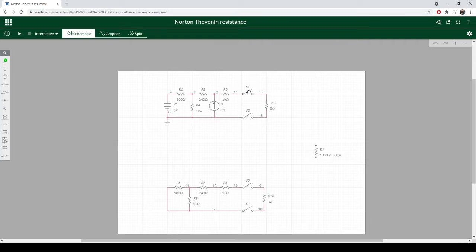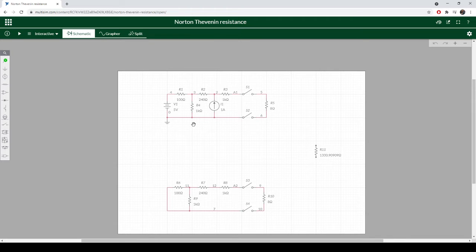Now, these switches here are just to show a difference between my functioning circuit and what I'm calling a load, so an unchanging portion. What I'm going to do by using Thevenin and Norton is use all the stuff we already know to simplify this into an equivalent, to where I can reduce it down to either a voltage source and a resistance or a current source and a resistance.